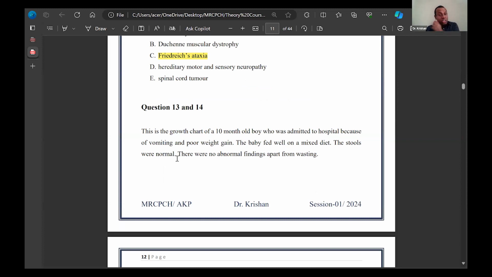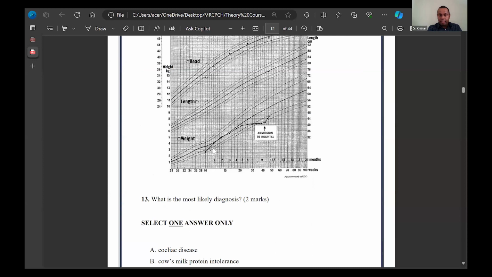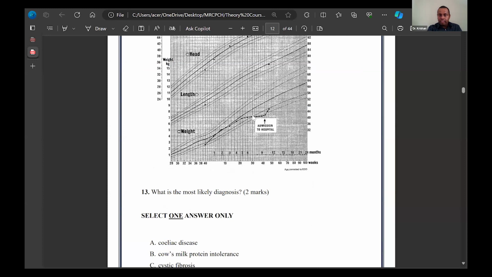The stools were normal. There were no abnormal findings apart from wasting. Now what has happened? This has been the growth chart, and the baby was admitted to hospital at this point.